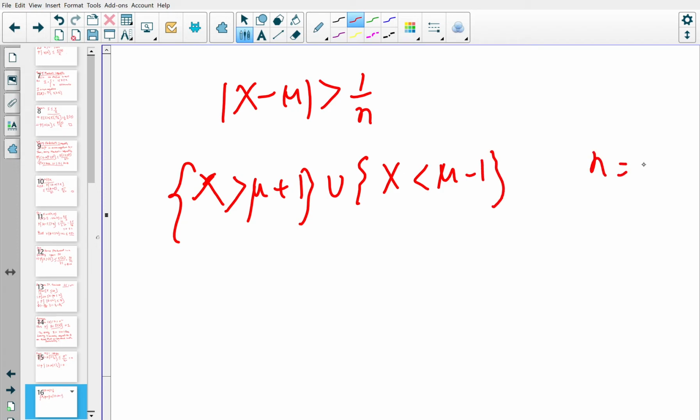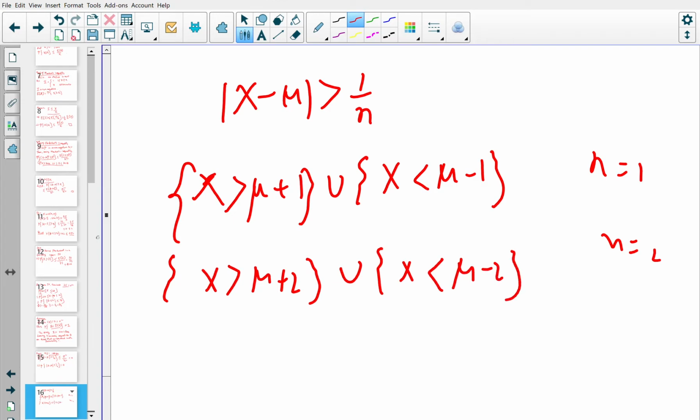And when n equal to 2, it will be x greater than mu plus 2 union x less than mu minus 2. Now you see that this is bigger than this, and so on. So this is a decreasing sequence of events, right? For a decreasing sequence we define the limit as the intersection of these.